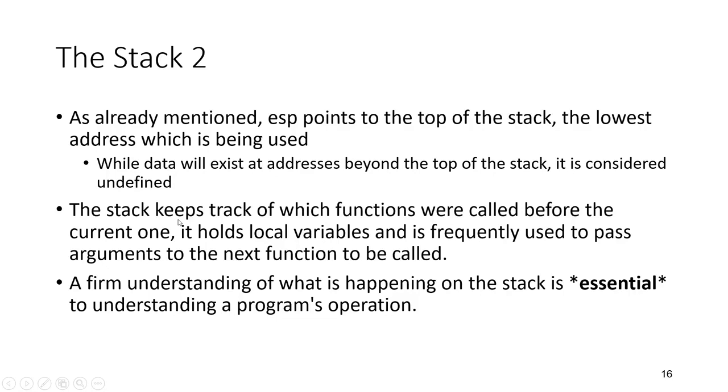So what it means is, if there is a function called main and it calls a function subroutine 1, the main stack is stored and a new stack frame is created for subroutine 1. If subroutine 2 is called by subroutine 1, then again a new stack frame is created for subroutine 2.